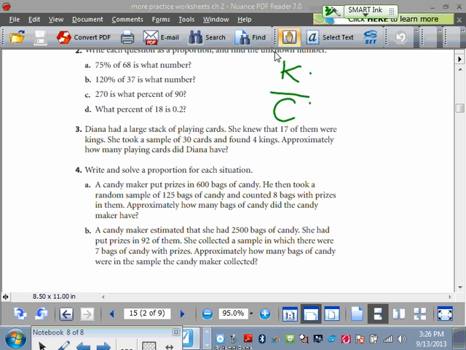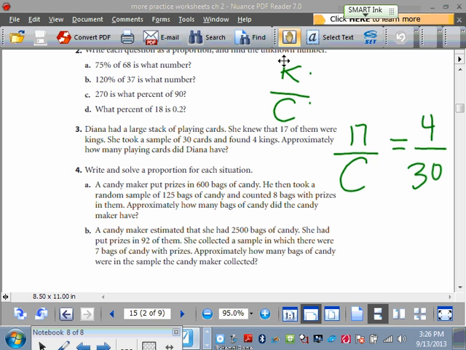So she knows that there are 17 kings in her entire deck, but she doesn't know how many cards are in her entire deck. And so she takes a random sample, similar to what we did today in class with the fish activity. She says, when I did it with a total of 30 cards, I found 4 kings. So based on that, she should be able to come up with an approximation for how many cards she has in her deck.